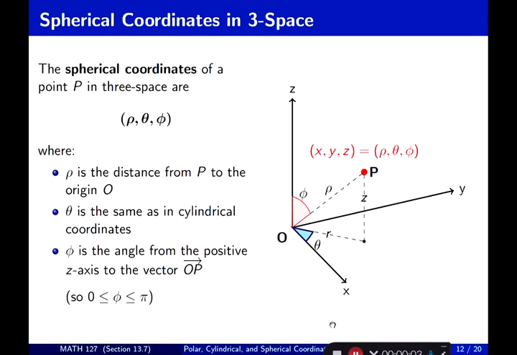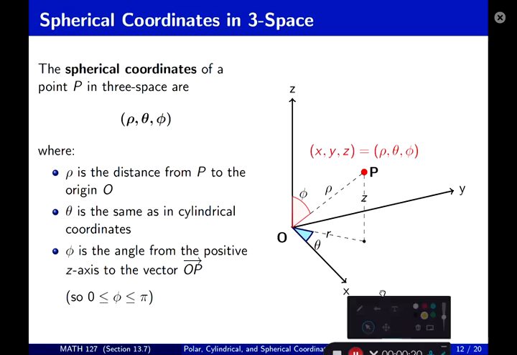Spherical coordinates in 3 space. The spherical coordinates of a point P in 3 space are rho, theta, and phi, where rho is the distance from P to the origin, and theta is the same as in cylindrical coordinates.